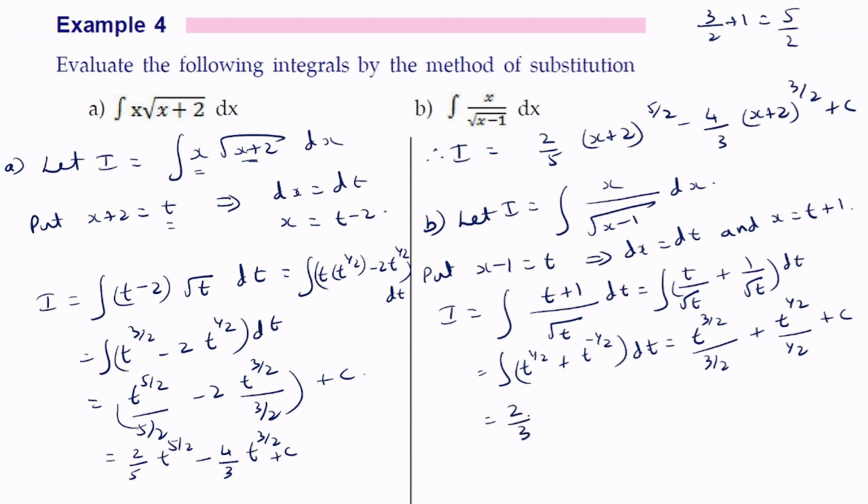So this is 2 by 3 into t, which we have taken as x minus 1, so we substitute here: (x minus 1) the whole raised to 3 by 2, plus 2 into, again here we have t, that we substitute as x minus 1, 2 into (x minus 1) the whole raised to half, plus c. So this is the integral of this function.